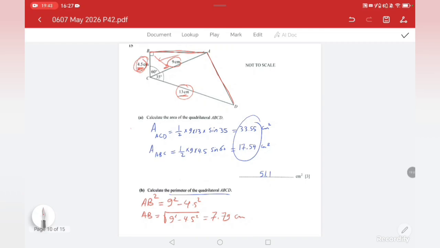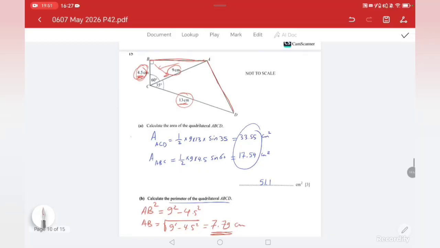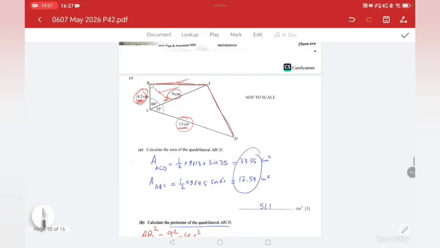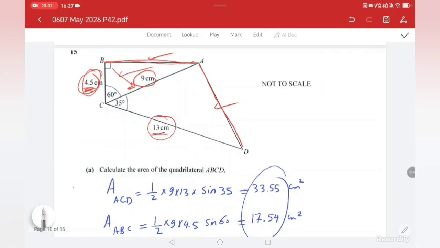But I prefer to keep 3 significant figures or more and round at the end. Okay, we have this side. Which side else do we need to find? We found AB. We need also to find AD. So to find AD, what to do?